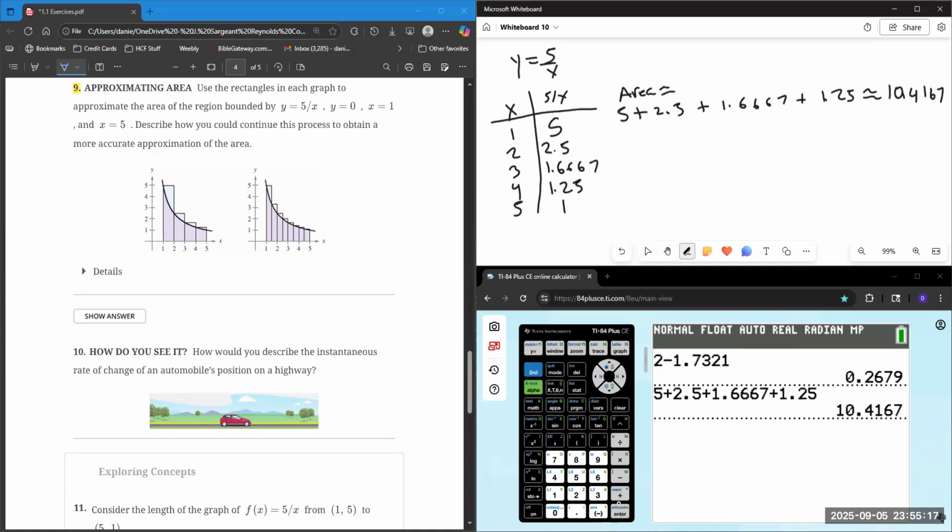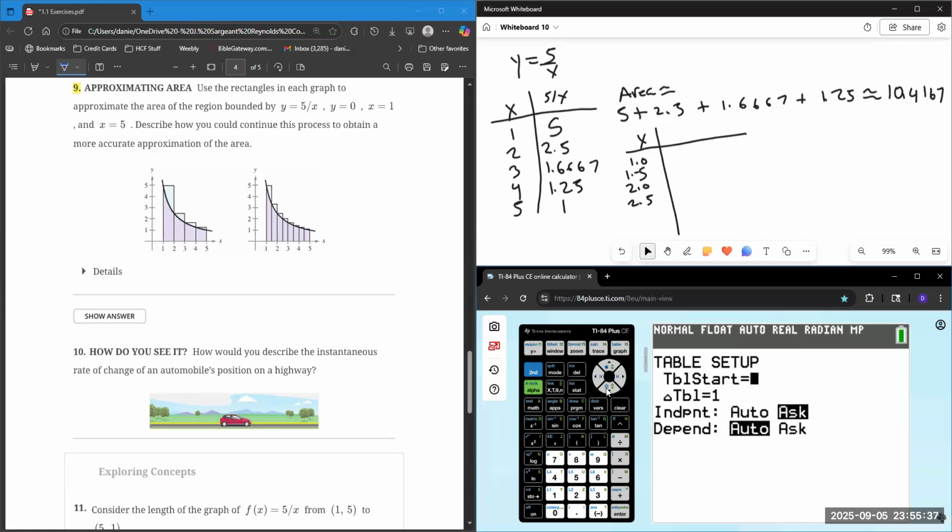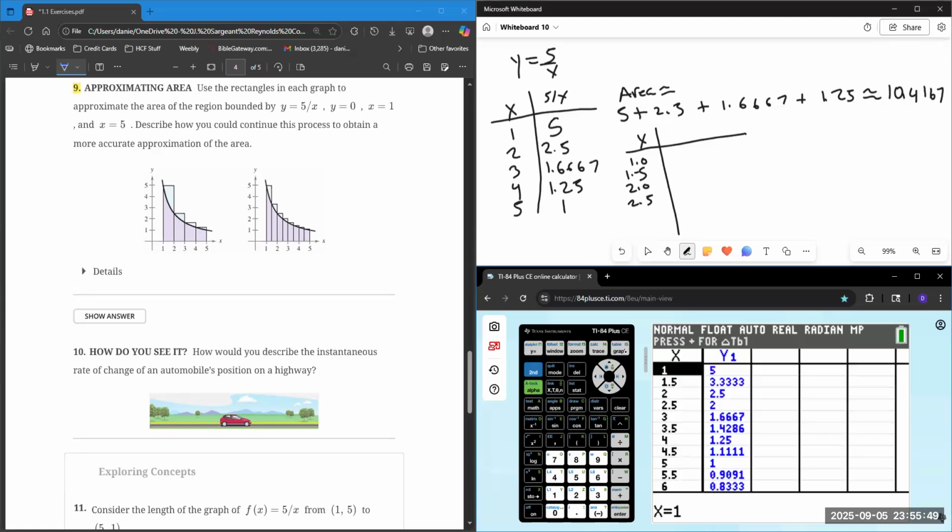And in the second case here, where we have 8 rectangles instead, we're going to have x as not just 1, but then 1.5, 2.0, 2.5, so on. So let me just set up my table here to have delta x's of 0.5 and start at 1, and it'll automatically calculate here for me.